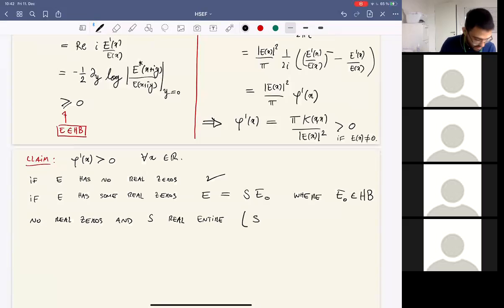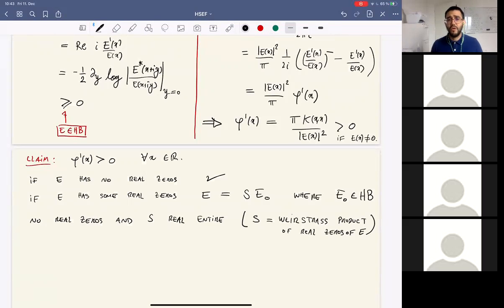And the way of constructing S is basically, S would be just take a Weierstrass product, I don't know if I'm saying his name correctly, of the real zeros, which always converges, etc. You don't care, as long as S is real entire, you won't destroy anything, and E naught will still belong to the Hermite-Biehler class. So therefore, the space H2 of E naught exists.